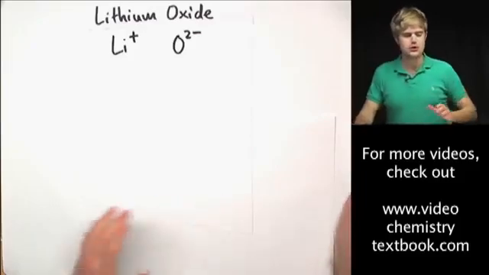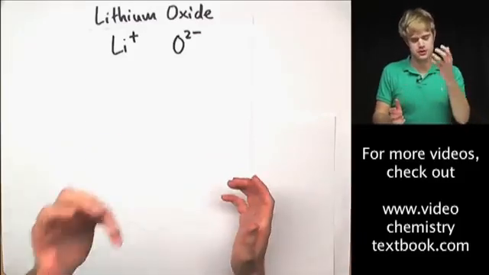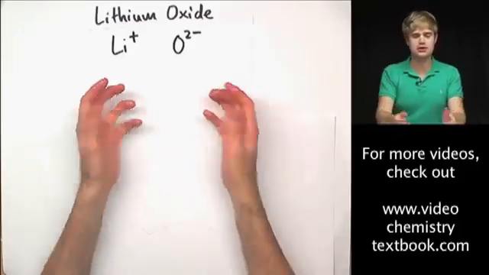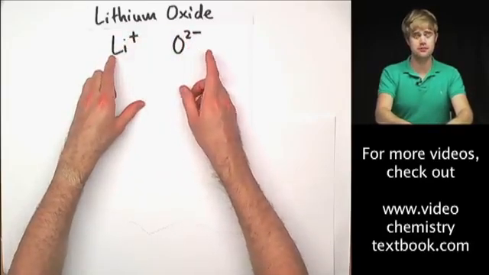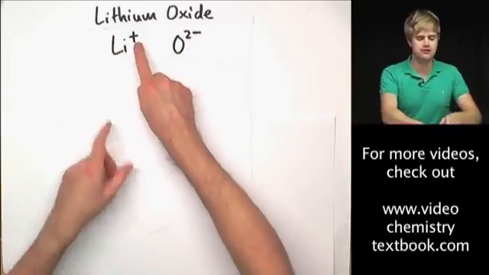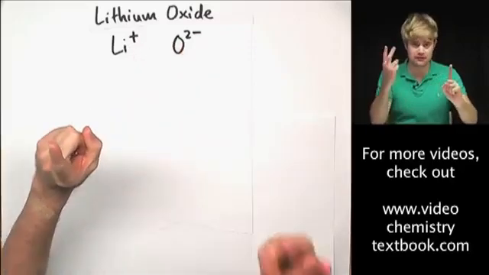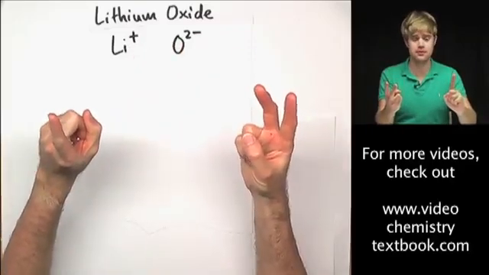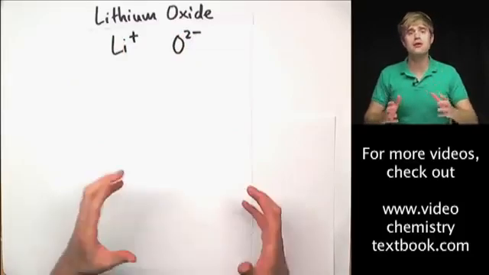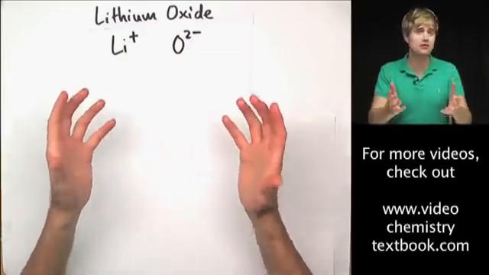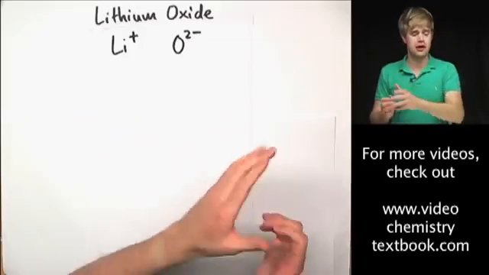Okay, so now I ask myself, does the plus charge and the minus charge balance when I have one atom of both of these? The answer is no, because I have 1+ charge, but I have 2- charges. So the charges don't balance. But I want to figure out how to balance them. I need to have them balanced in order to write the chemical formula.